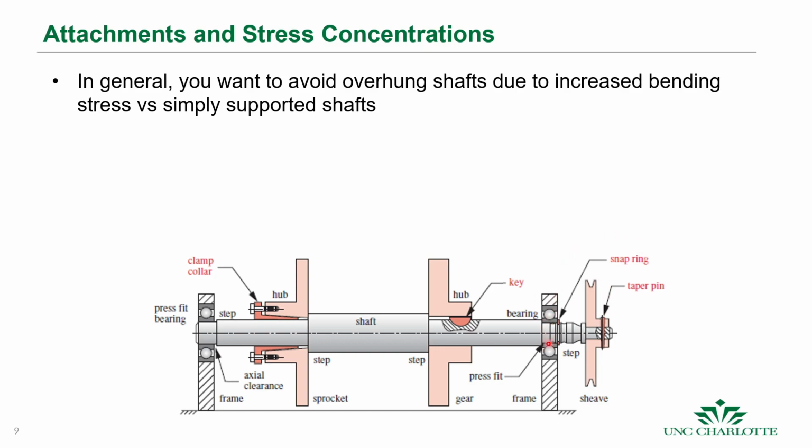So in general, you want to avoid situations like this where you have an overhung beam, because that will increase the bending stresses versus simply supported beams. But in reality, it's not always practical to avoid overhung beams, because we have to be able to remove components.